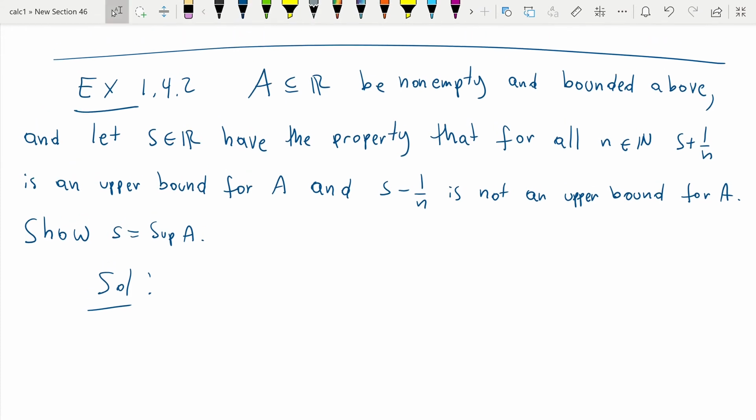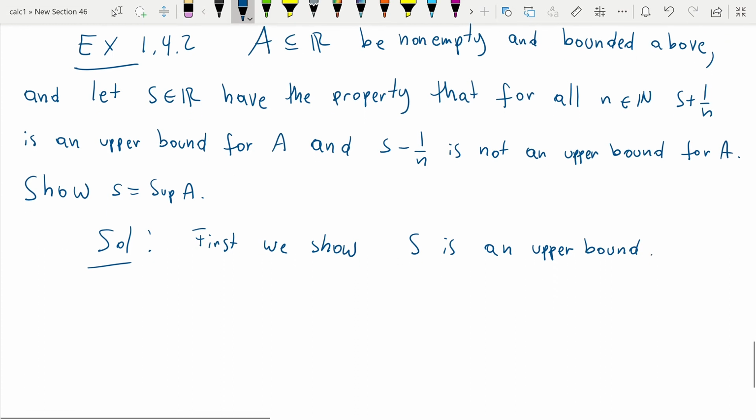So the first step: first we show S is an upper bound. Why is this true?